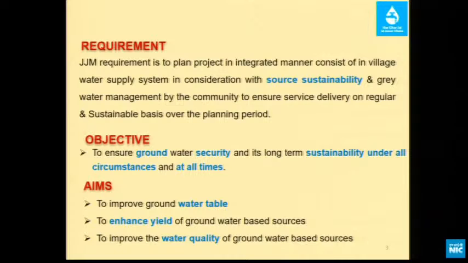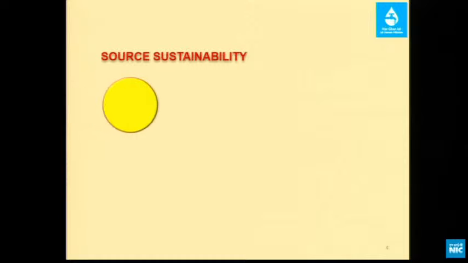I am talking about this because 95% of schemes are based on groundwater sources. I need to ensure groundwater source sustainability and security. My aim is to improve the water table, enhance the yield so that sustainability may continue, and improve the water quality, because with the depletion of groundwater, water quality is also deteriorating.